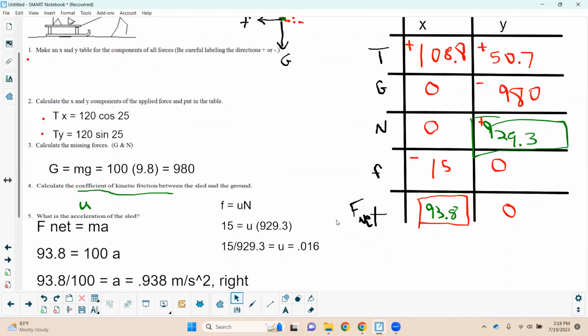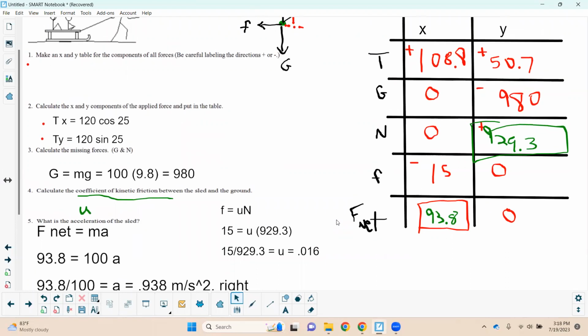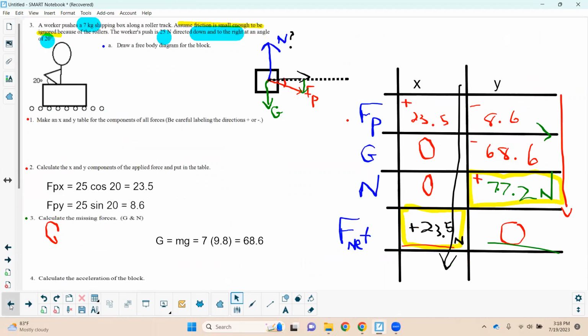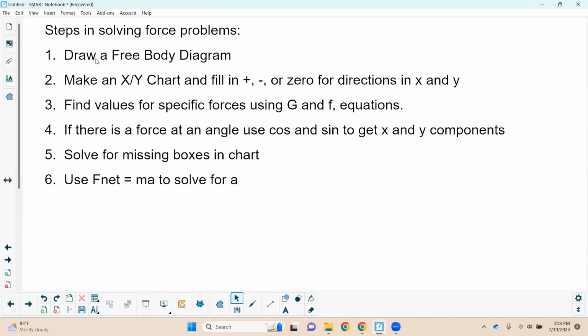Hopefully that makes sense with what we're doing. Again, just to summarize, the big ideas are really on this page here. I had it scaffolded for you guys on the worksheet, but you can always come back to your notes and look at these steps: drawing the free body diagram, figuring out the directions of the forces, filling in that X and Y table with plus, minus, zeros, get a feel for that.